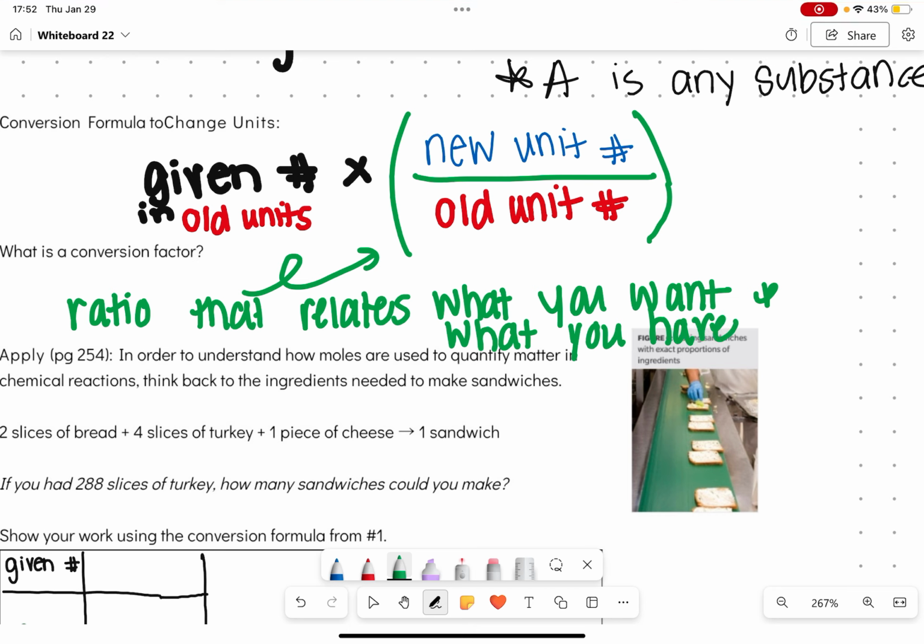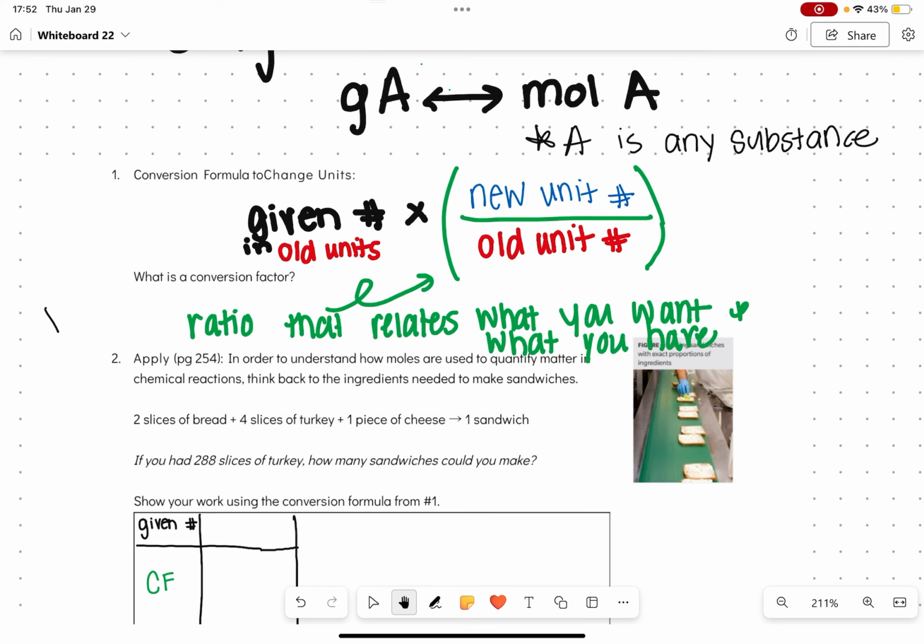In this specific video, the conversion factor we're going to be working with is going to be our molar mass conversion. So 1 mole is equal to the molar mass, which we know is from the periodic table.